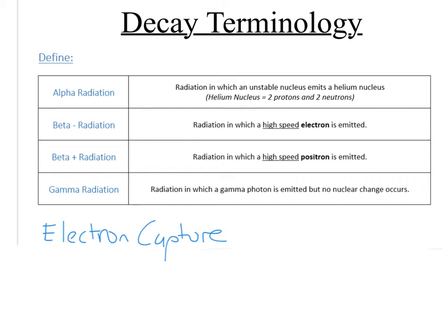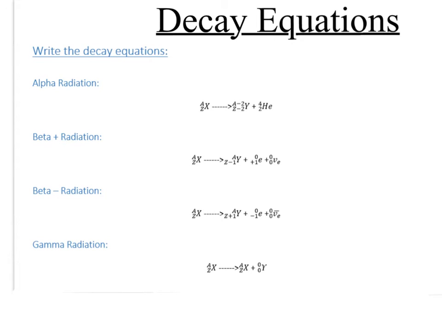So let's have a look at those. So we use these general equations for alpha radiation. What this is showing you essentially is that, that's a mistake there. It should be A minus 4 because you've lost 4 nucleons, and it should be Z minus 2 there.